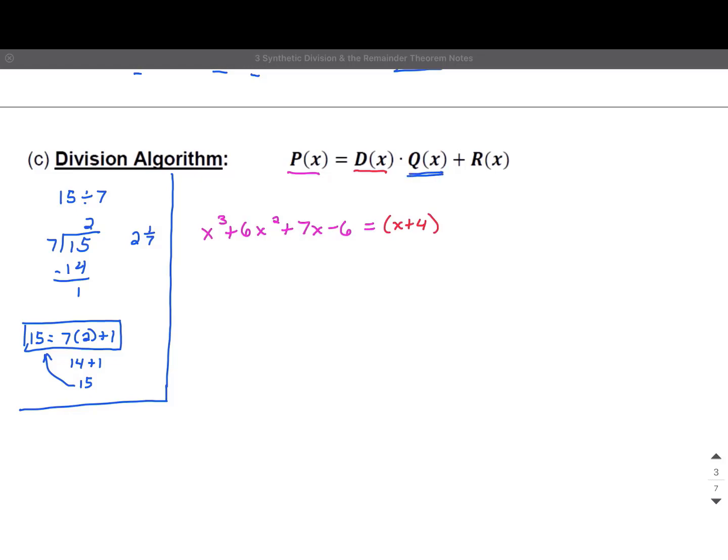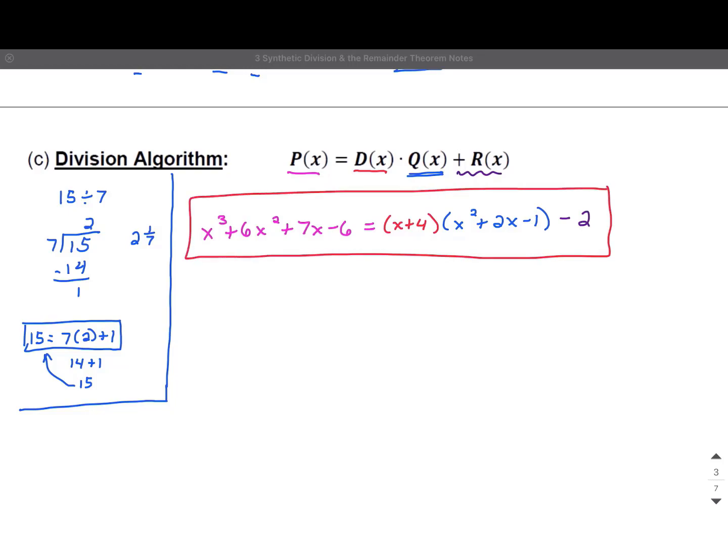That's the answer to the division without the remainder, x squared plus 2x minus 1, and then plus the remainder, which in this case was negative 2. This is what the division algorithm says. Sometimes you'll be asked to rewrite the polynomial according to the division algorithm.